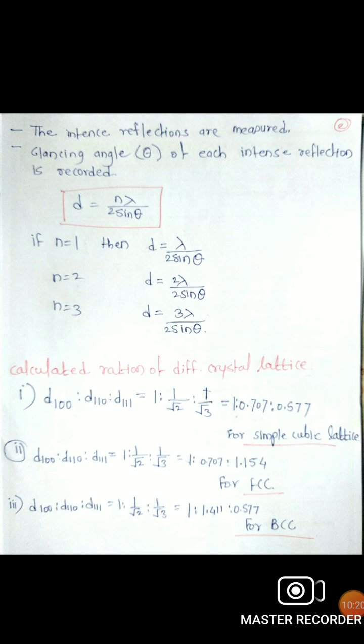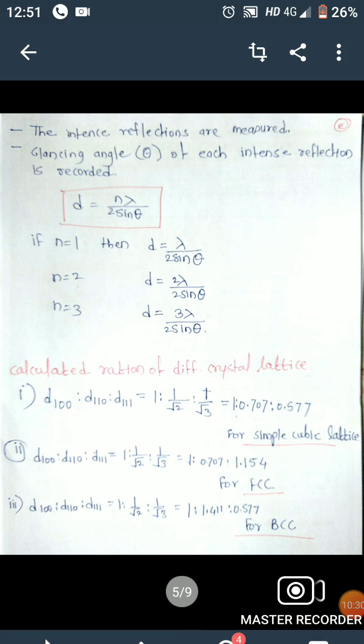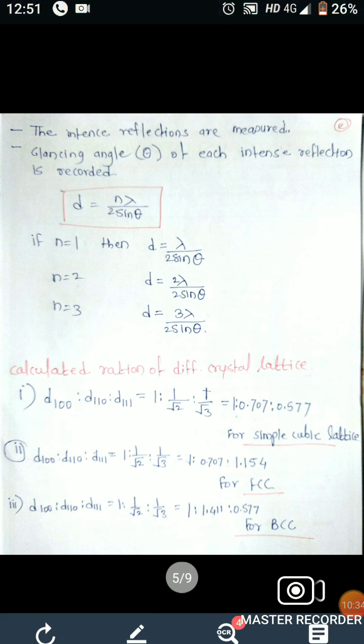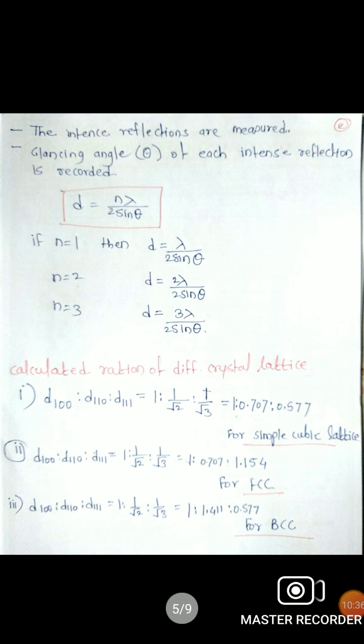For the simple cubic lattice, d100, d110, d111, the ratio is 1 as to 1 by root 2 as to 1 by root 3, and the simple form is 1 as to 0.707 as to 0.577. This is for the simple cubic system or lattice.